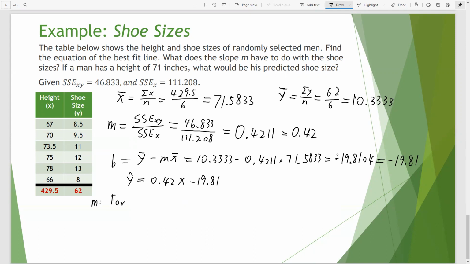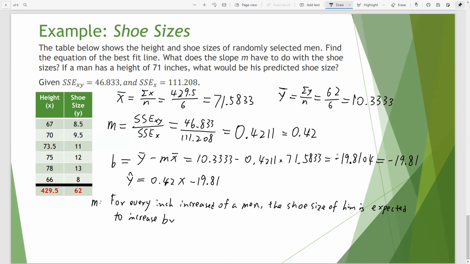So for every average increase of one inch in the height of a man, his shoe size is expected to increase by 0.42. That's what it means.